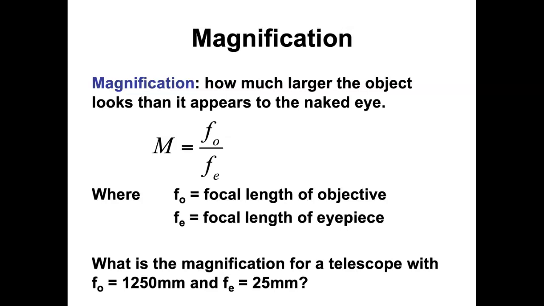Yeah. So 50 times. Right? So with that combination of lenses, your image is going to have a magnification of 50. Which means what? It means that every image that you take with that telescope will look 50 times bigger than it looks to the naked eye.